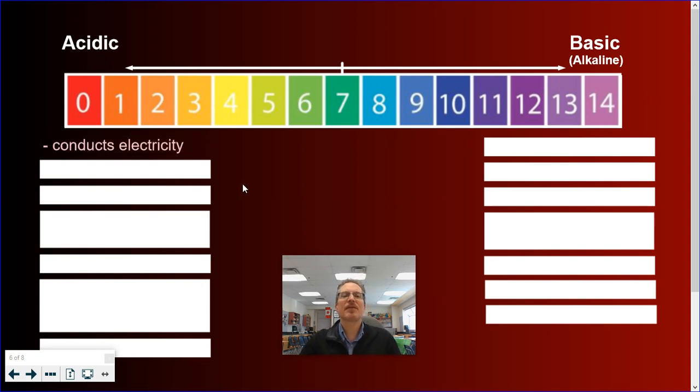You'll remember from previous chapters that when we use the conductivity tester with acids, the light is going to turn on. All acids conduct electricity in solution. Acids also taste sour. Now, that is fine to say when we're in elementary school, because we're probably not using any real acids from the lab.